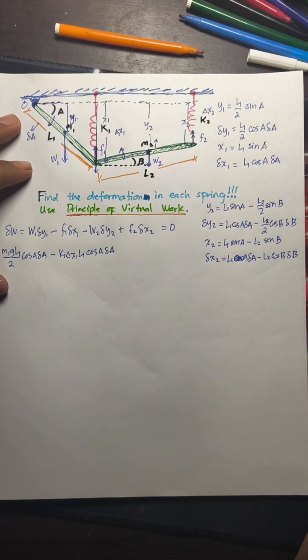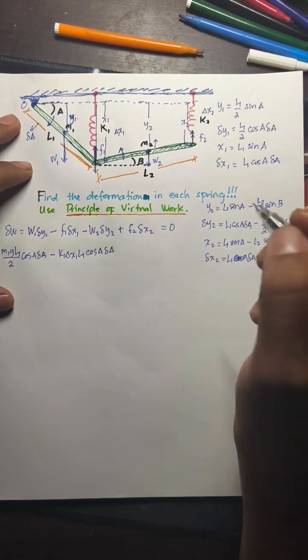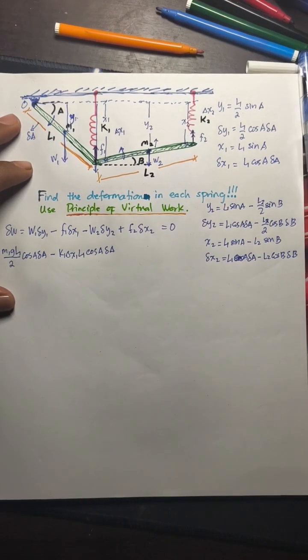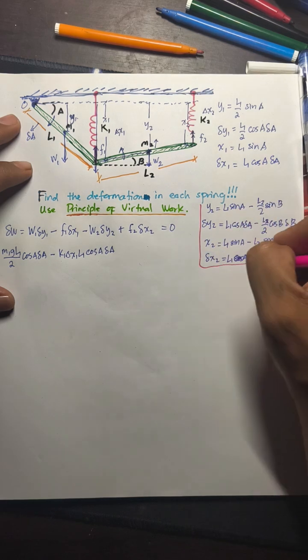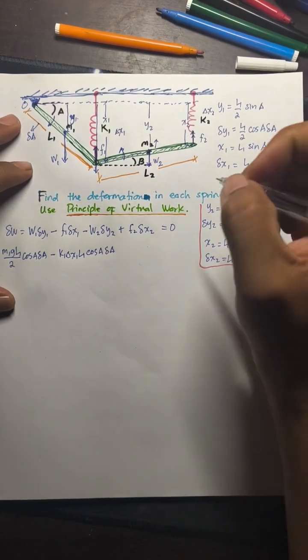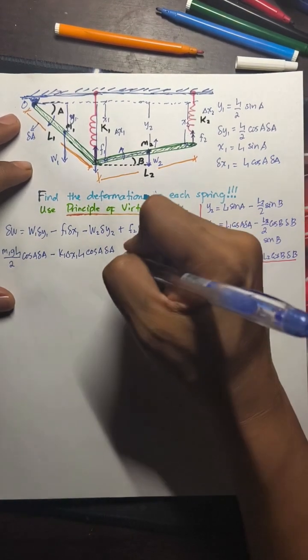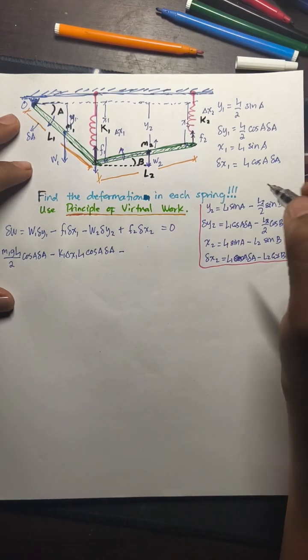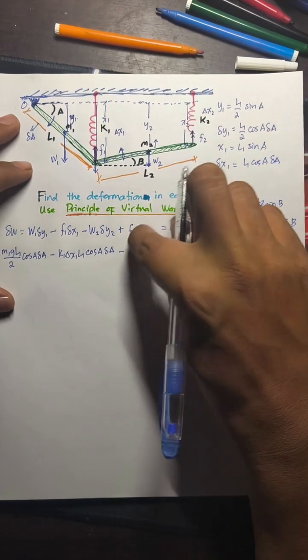Now for the second part, minus weight 2 delta Y2. Okay, so minus, what is weight 2?